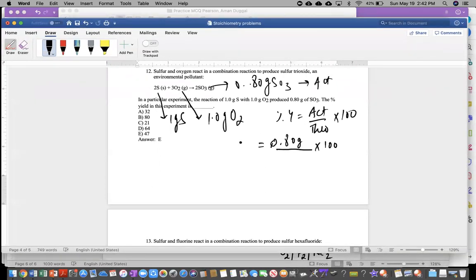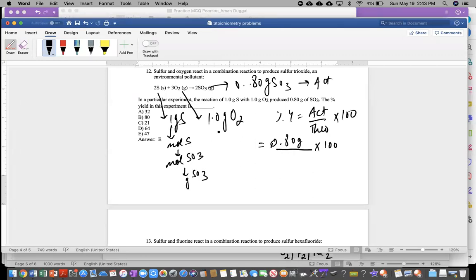So for finding the theoretical yield, remember, I have to go from moles of this reactant to moles of my product. Do that for both the reactants, and then you get to the moles of the product. So for example, I'm going to go from the 1 gram of sulfur to moles of sulfur, then moles of SO3, and then grams of SO3.